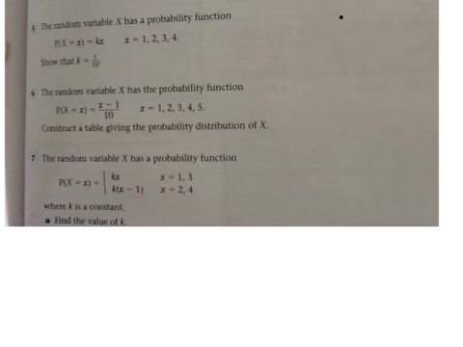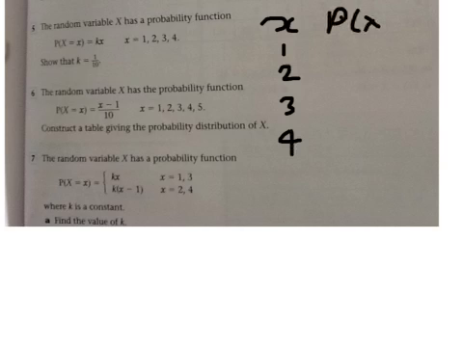So question 5 then, so we've got a probability distribution. X can be 1, 2, 3 or 4. And we've got a little formula that generates the probabilities, and it should be fairly easy to see where these answers come from. When x is 1, the probability will be 1 times k, which is k. And then when x is 2, it will be 2 times k, which is 2k.